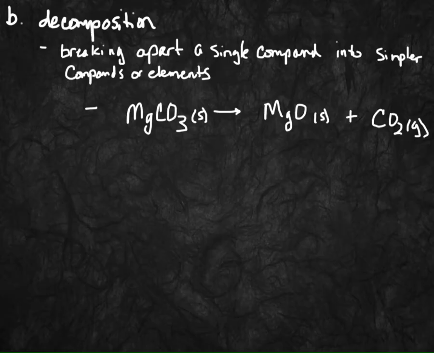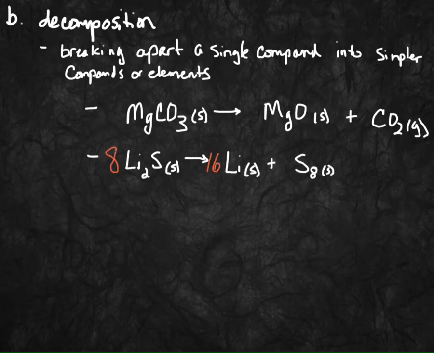Okay, so the next one is lithium sulfide, again a solid. It will break up into its components, lithium and sulfur. Well, sulfur can become an S8 molecule, which is a really big molecule. It's a solid molecule.